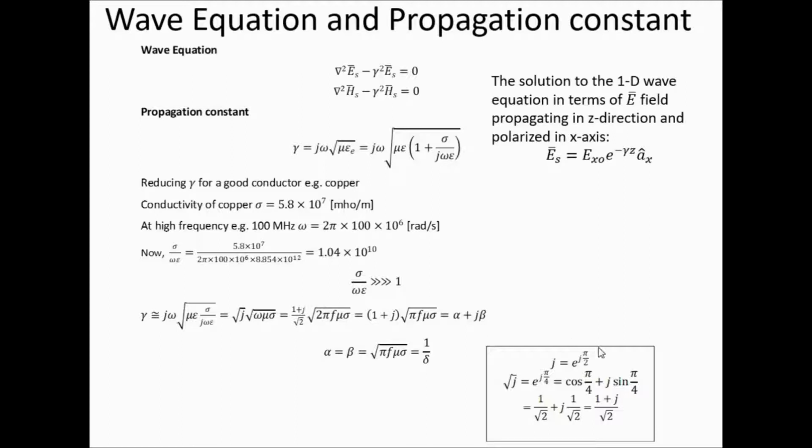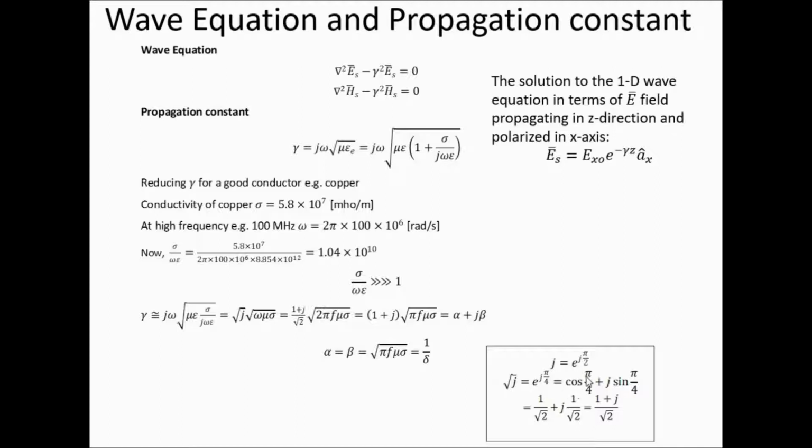I show you the work here. j can be written with Euler's equation as e to the power j pi over 2. Now, if you take the square root of j, you can write it as e to the power j pi over 4, since the phase angle is halved.